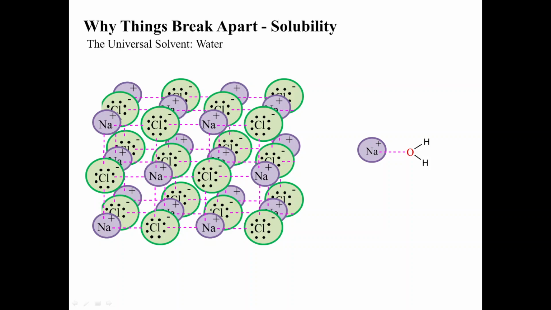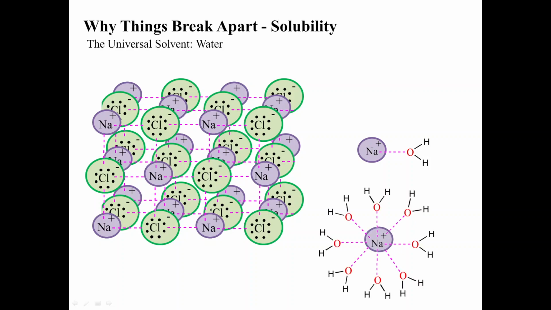But if we add a bunch of water, now this is going to be more energetically favorable. The main reason for this, and why water is a universal solvent, is because it is extremely polar. It has essentially two sites for hydrogen bonding, and it's very, very small. And so this allows several water molecules to interact with ions such as sodium plus, or whatever molecule we're referring to.